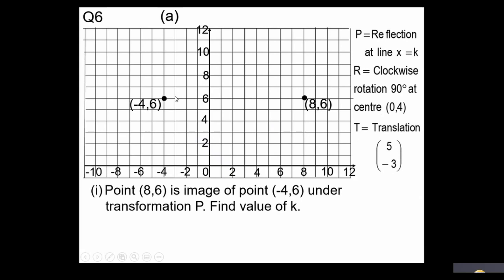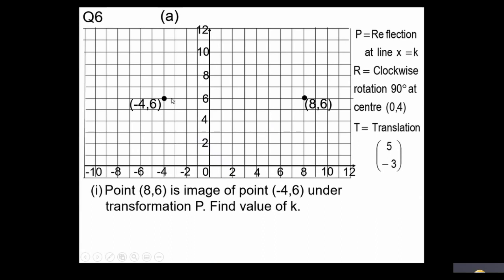(8, 6) is here. (-4, 6) is here, under transformation P. Now focus on this. Ignore these two first, because this question is only for P. So focus on reflection, from here to here. How to find the line of reflection?